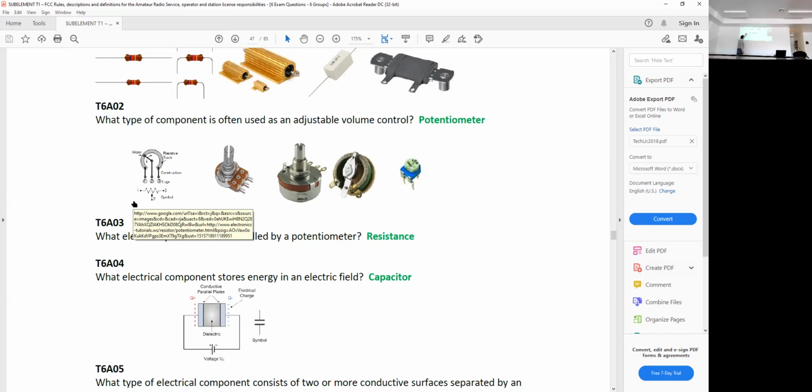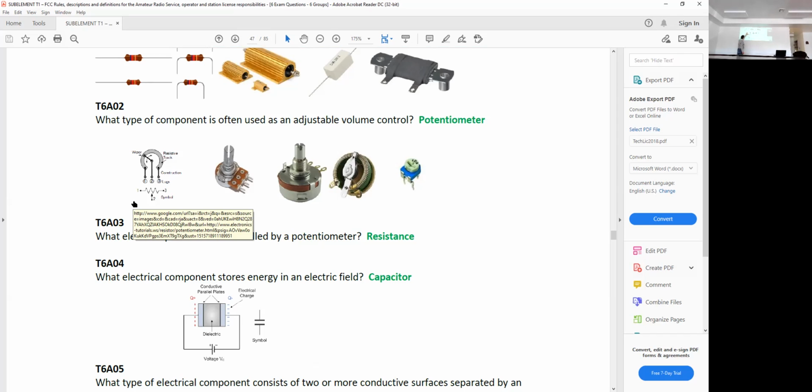So as you hook up to these 2 wires and you move this arm all the way down here, there's very low resistance. And then as it gets farther and farther through this resistive material here, you get lots of resistance on this side. And then the other 2 pins is the exact opposite.